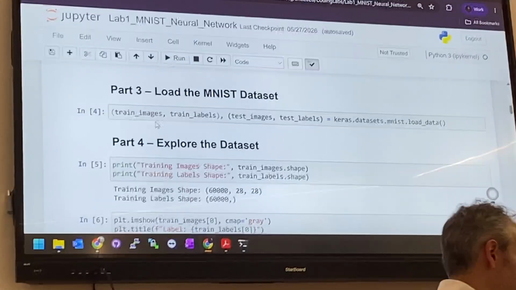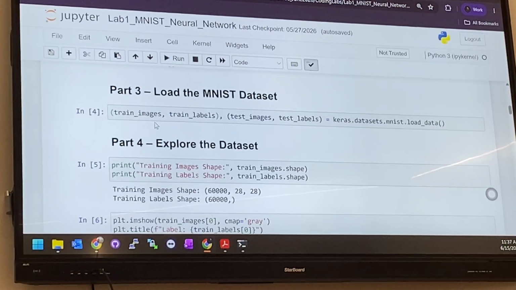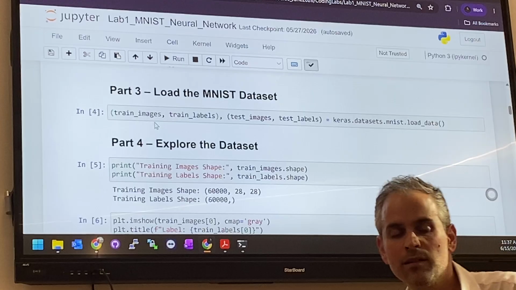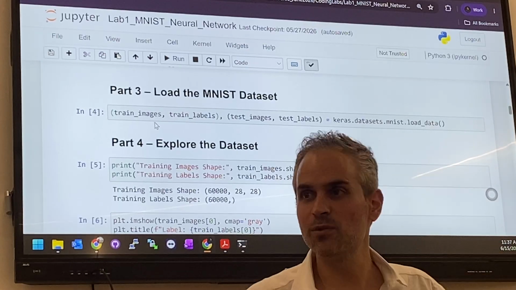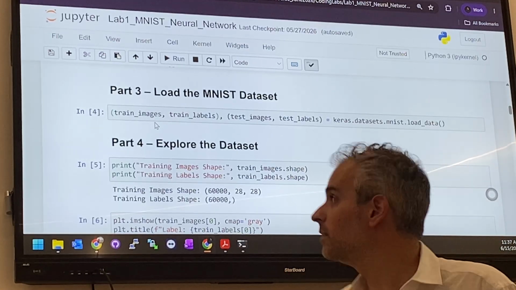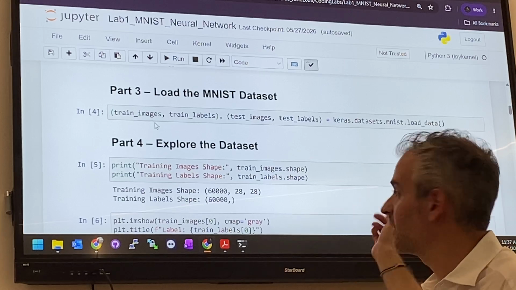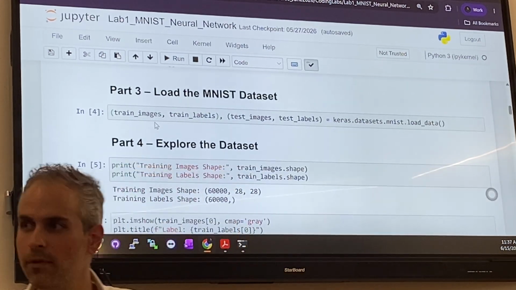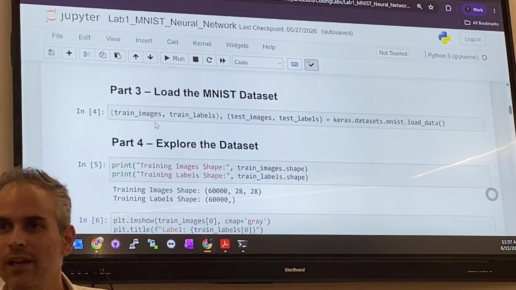It samples the whole data set in a sophisticated way and comes up with a training set, a testing set, and a validation set. Here, I'm just using the Keras data set and loading it, and it already has a mechanism that gives me a training set and a testing set. So I didn't do it the complicated way, I just did it the easy way.